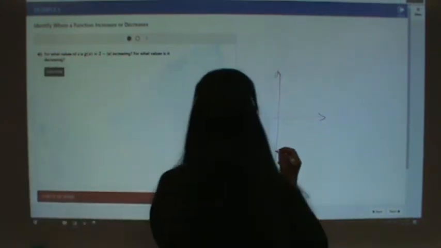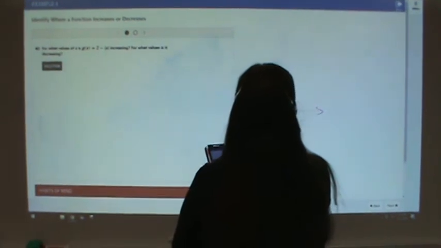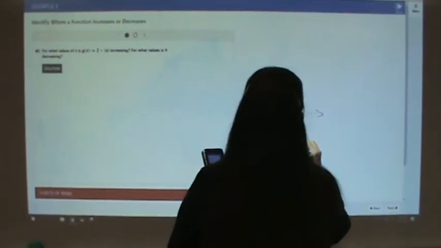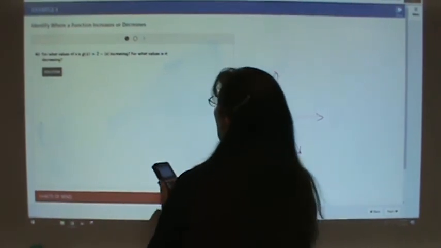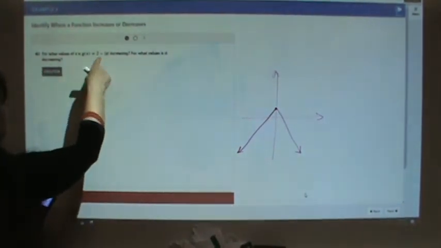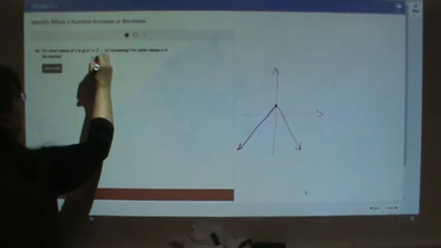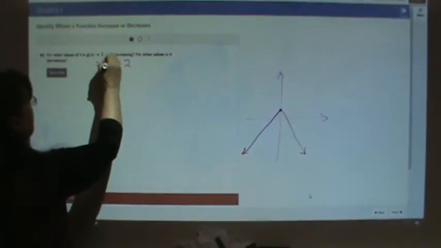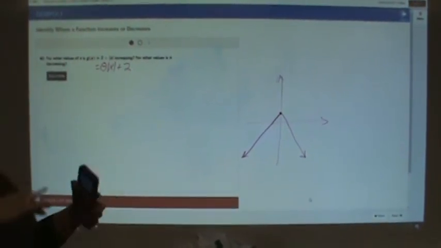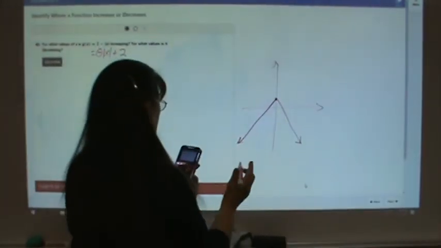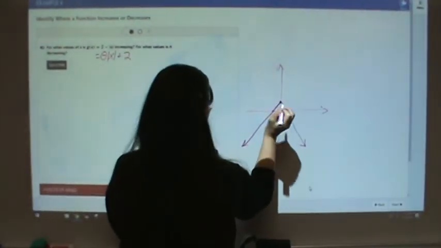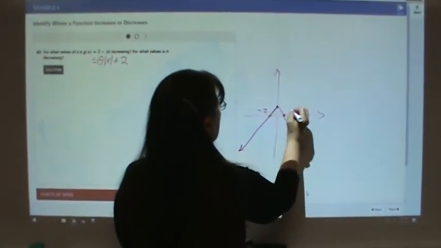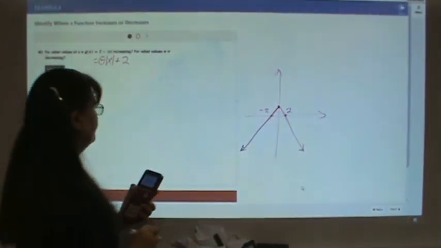Now, why is it upside down? Because if I were to write this correctly, it would actually be negative the absolute value of x plus 2. This negative makes it flip over and go upside down. So here and here, this is negative 2 and this is 2.